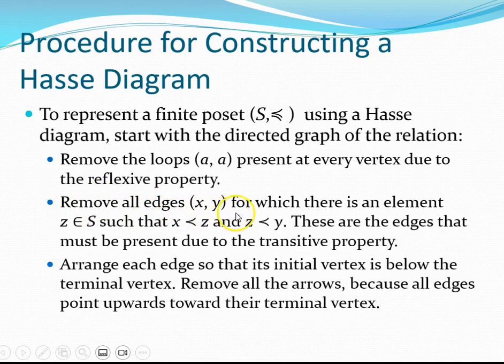Then remove all edges (x, y) for which there is an element z in S such that x is less than z and z is less than y. These are the edges that must be present due to the transitivity property. Arrange each edge so that its initial vertex is below the terminal vertex. Remove all the arrows because all edges point upwards towards the terminal vertex.